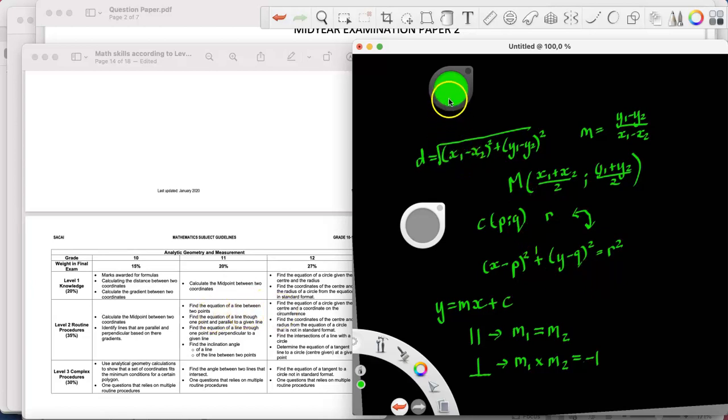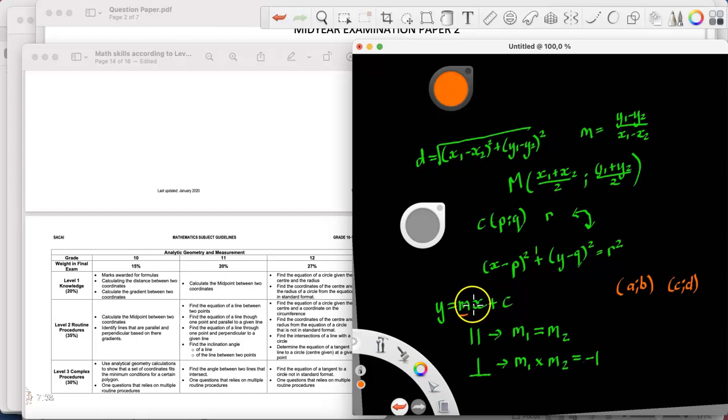Let's say you're given coordinates A and B, and you're given coordinates C and D. Given these coordinates, you should be able to find the line that exists between those two coordinates. That should be fairly simple because all you need is the gradient. And then once you have the gradient, you just need the y-intercept, the c value.